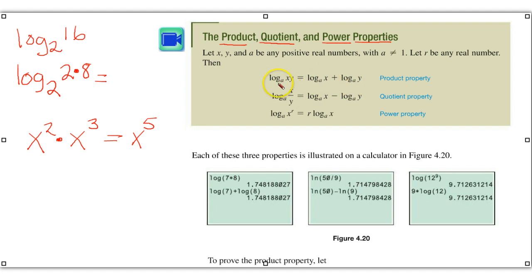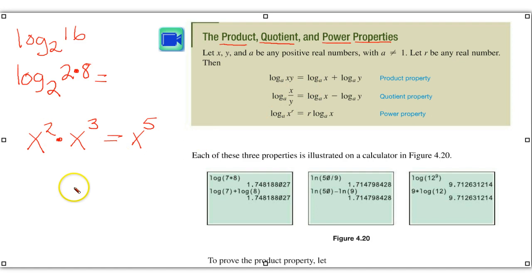So when we're dealing with logarithms, and it indicates here multiplication, we expand that. This is sort of the condensed form. We give it expanded form, which is called the product property, by adding our factors together. It's a little bit related to this.